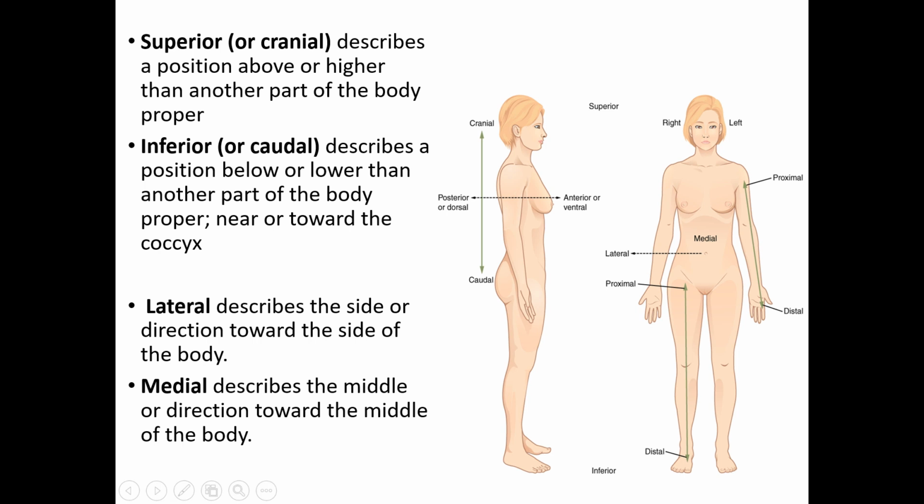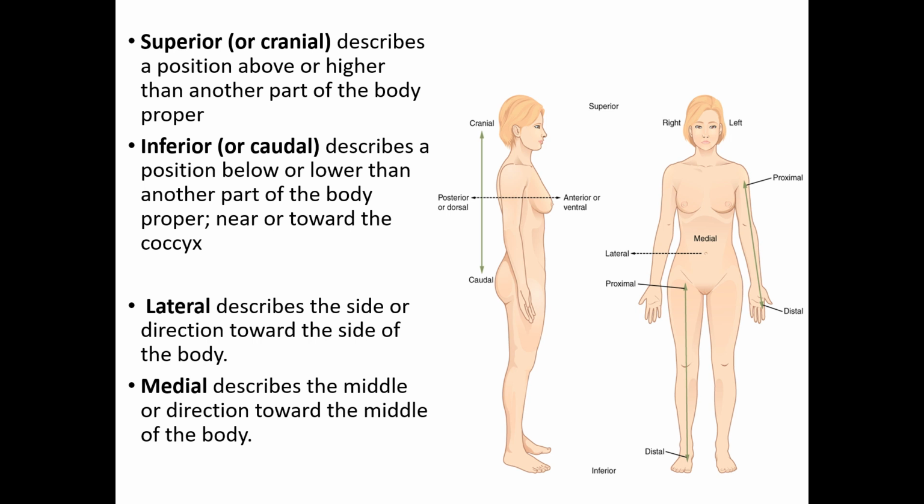Our head would be superior to the shoulder, and the shoulder will be inferior to the head. But if we compare our shoulder with our knee, our shoulder will be superior to the knee, and the knee will be inferior to the shoulder. Always comparing two structures.